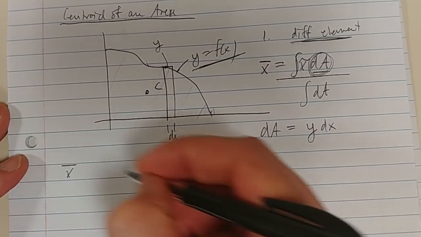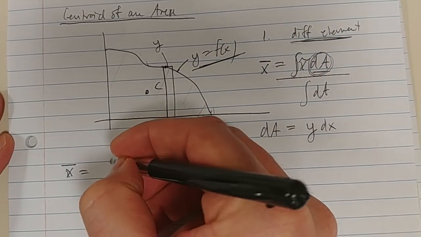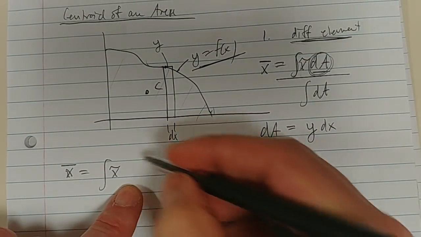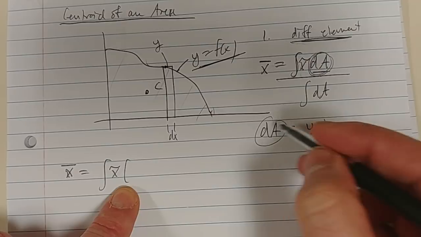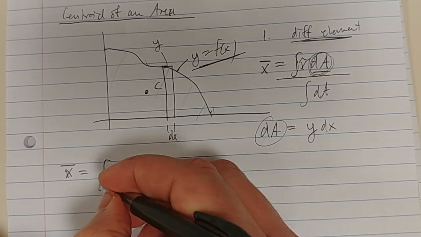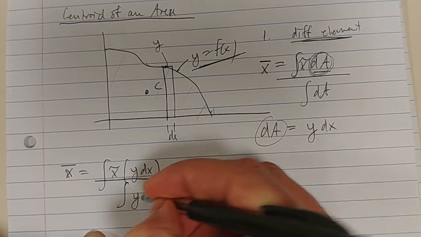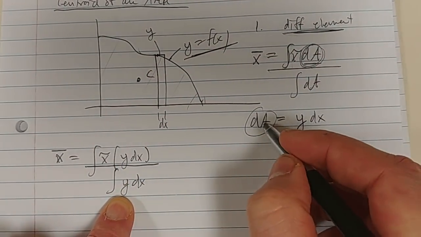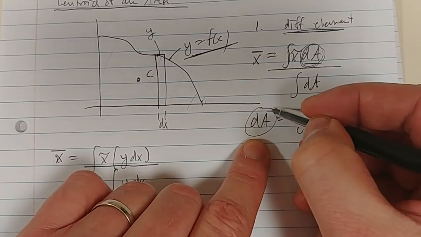So x bar is equal to the integral of x tilde times dA, which is y dx, over the integral of y dx, because we have the integral of dA at the bottom. So dA is y dx. What is dA?